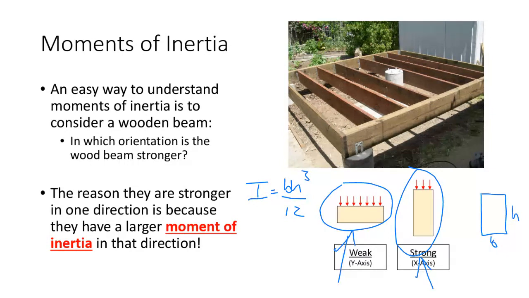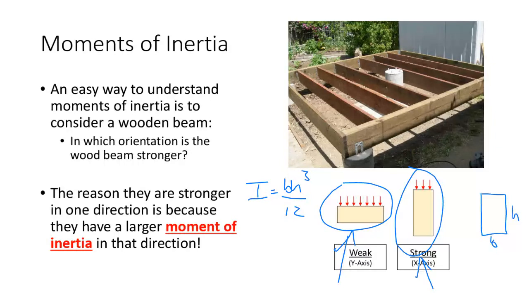So if you take a rectangle, just draw any rectangle and compute the moment of inertia if it's oriented one way or if it's oriented another, and you'll see that the moment of inertia is much higher when the rectangle is oriented this way. That's why when you erect joists for a deck in your backyard, you're going to face the beam so they're facing upward, because you have a higher moment of inertia.